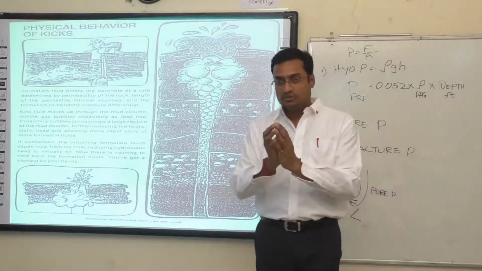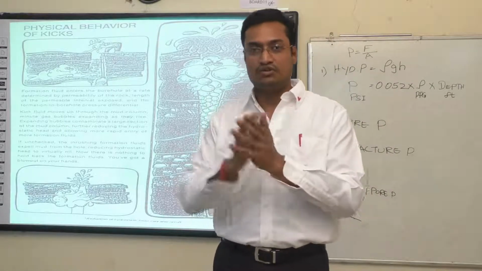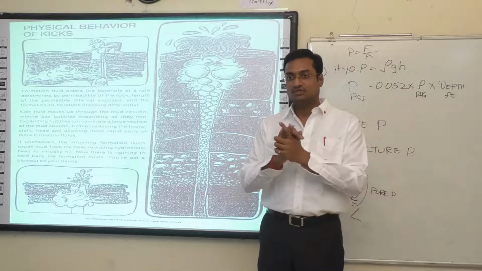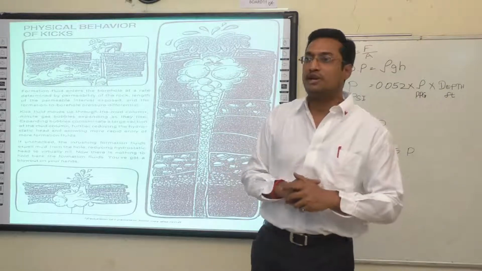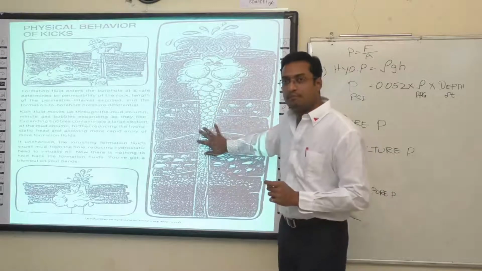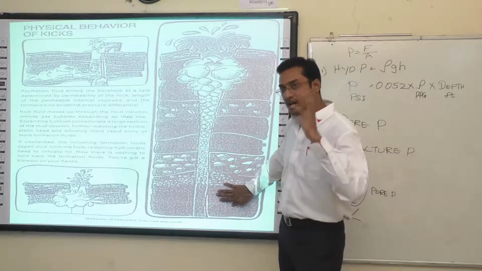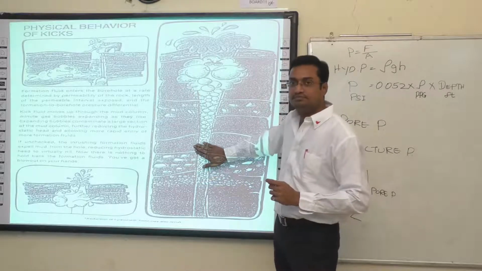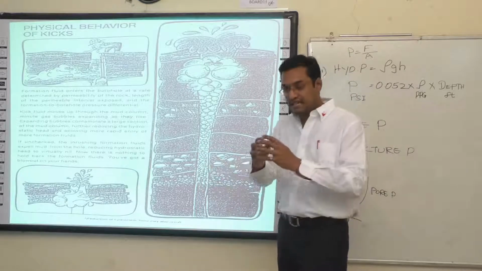So what happens when the gas is expanding? The pressure reduces. School level chemistry and physics is all applicable here. P1 V1 is equal to P2 V2 at constant temperature, assuming that we have a constant temperature here. The high pressure, low volume gas, when it enters and starts moving up, the volume starts increasing because it is expanding.